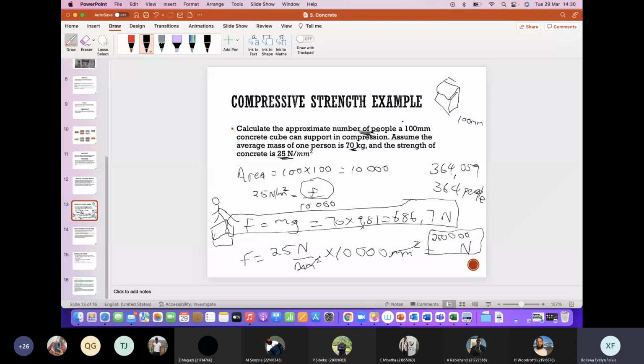It is just to show you that concrete is very strong, and that is how they're able to use it. And they're saying it is mostly used as a building material because of its strength and, again, the durability.